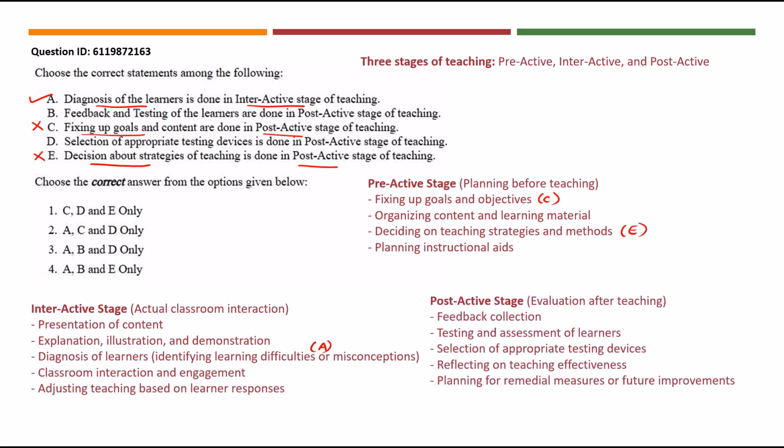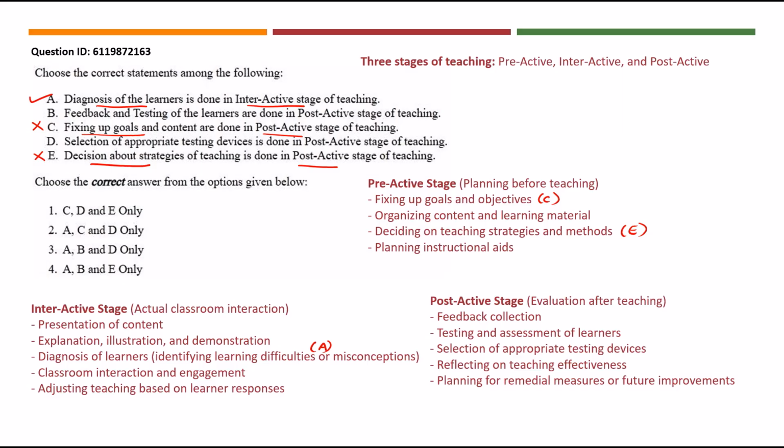So let's move to the last stage, post-active stage. This is the evaluation stage after teaching. We have feedback collection, testing and assessment of learners, selection of appropriate testing devices, reflecting on teaching effectiveness, planning for remedial measures or future improvements.